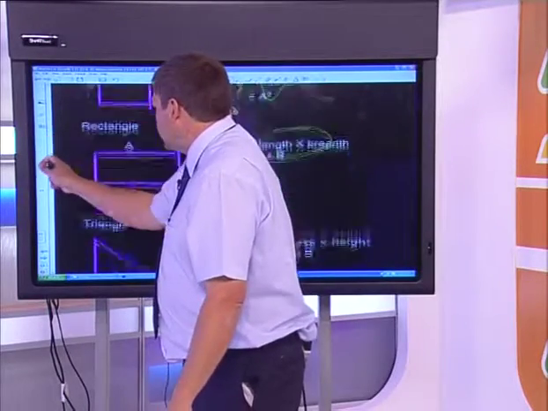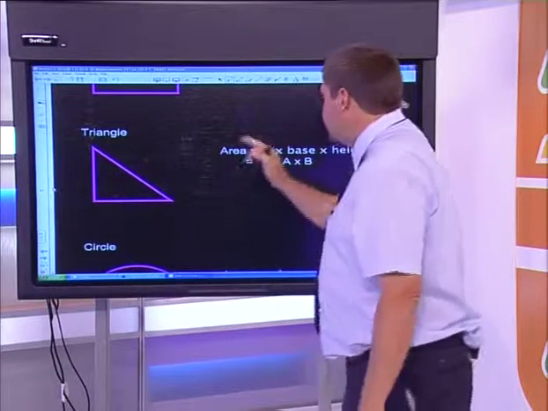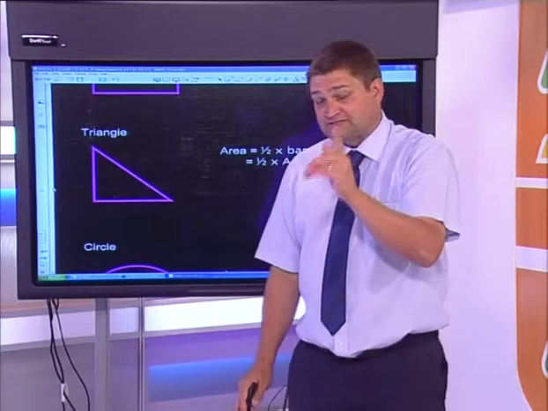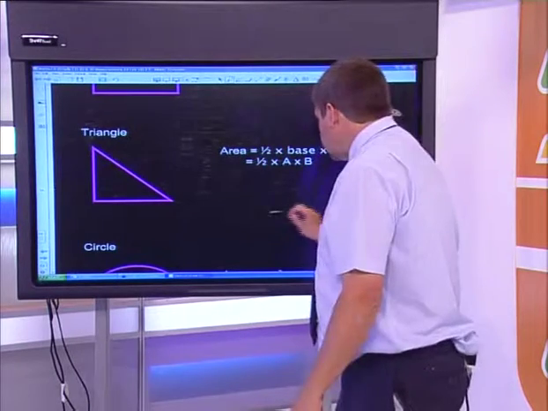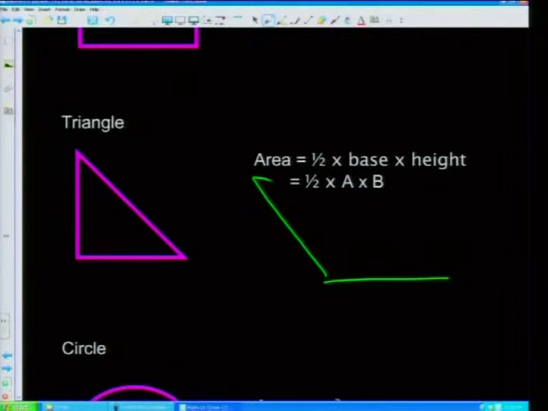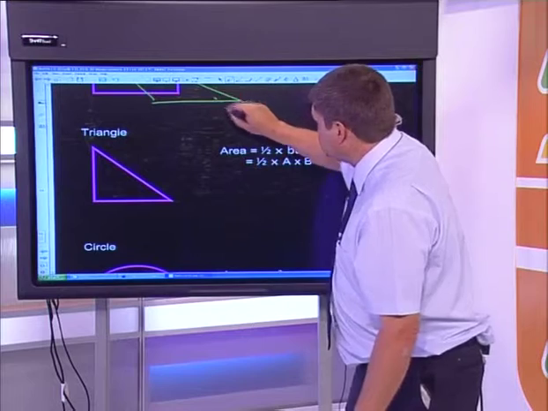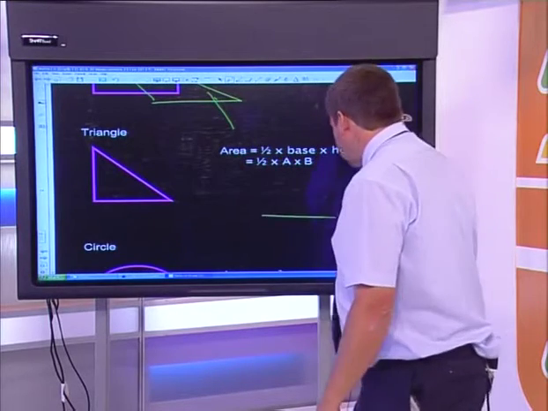We then started looking at a triangle, and we said the area is half times base times the height. And not just any height, but my perpendicular height. Remember, we stressed that. Because I said last week that if you're given a triangle, this is not the height of my triangle. Whoa, there goes my triangle. We'll draw a new one.